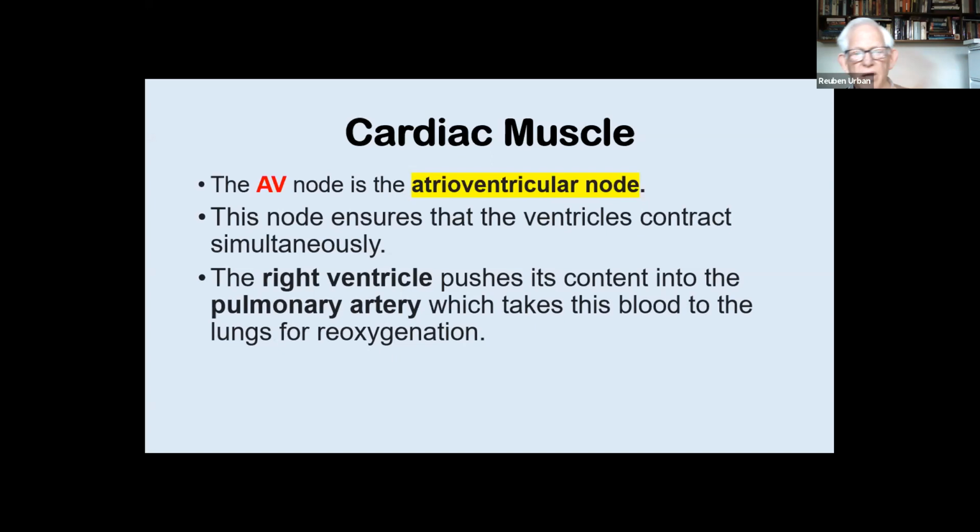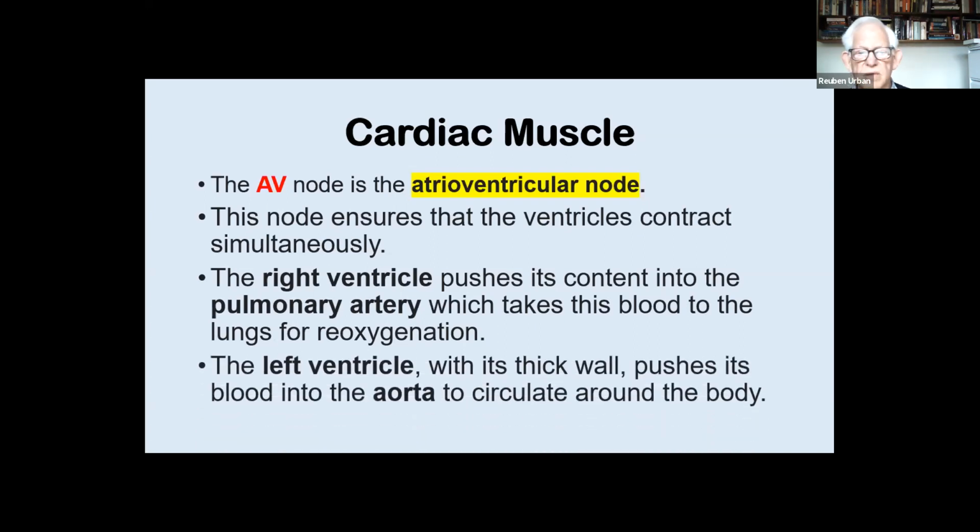The blood that's going from the right ventricle to the lungs is deoxygenated blood. It means that instead of having 21% oxygen, it's only got 17%, and it goes to the lungs to be reoxygenated. And the left ventricle then takes the blood from the lungs and moves it into the aorta, which goes around the body, the arms, the head.